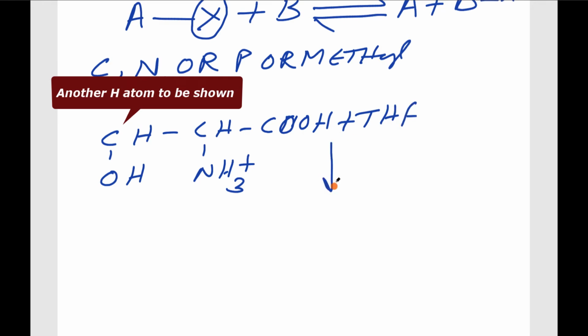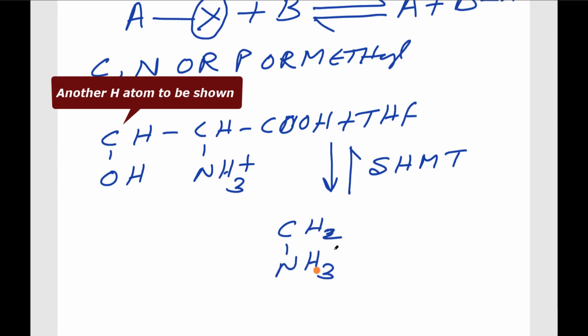By the action of the enzyme serine hydroxymethyl transferase, it leads to formation of glycine plus 5,10 methylene tetrahydrofolate.